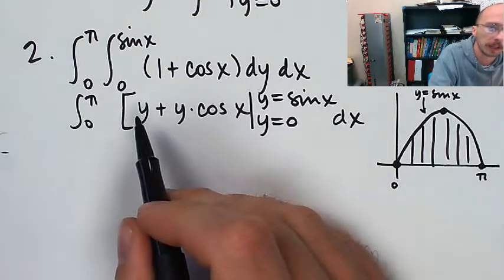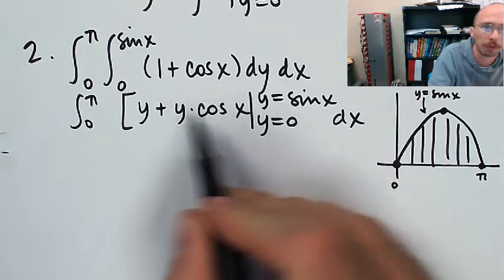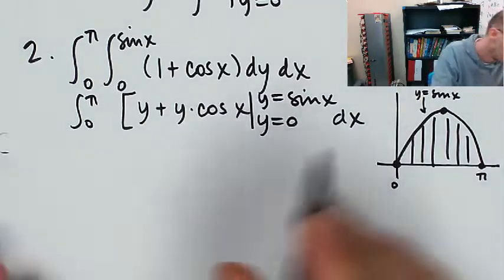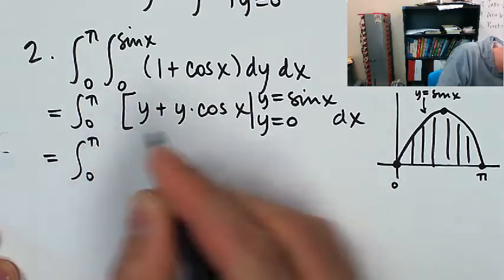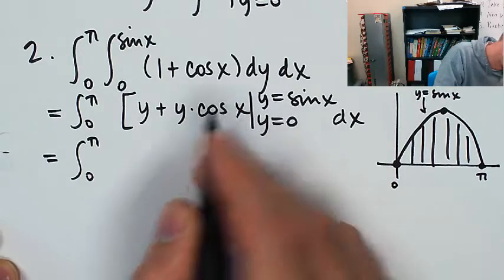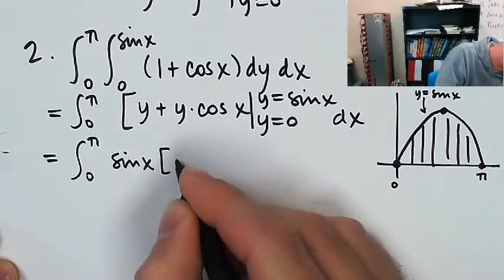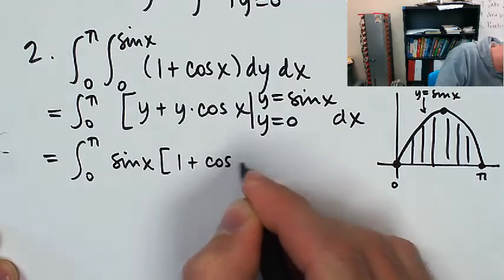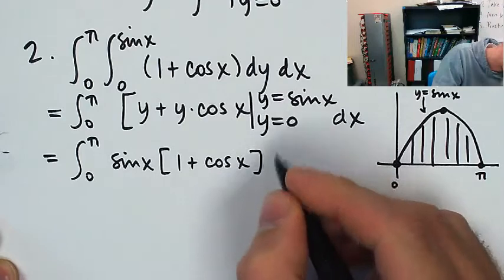When y equals sine x, I'll have sine x plus sine x cosine x. And when y is equal to 0, I'll have everything zeroed out. So this is going to be the integral from 0 to pi of sine x plus sine x times cosine x. I'm going to factor out that sine x, and I'll be left with 1 plus cosine x, and then I'll be set up for a nice u substitution.